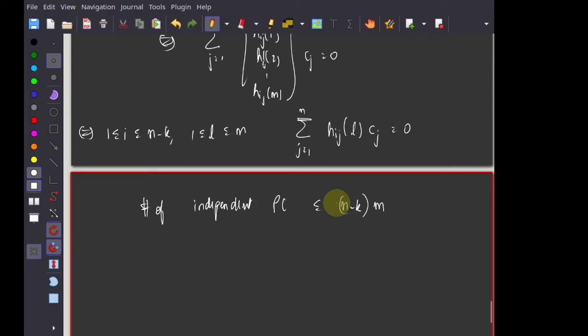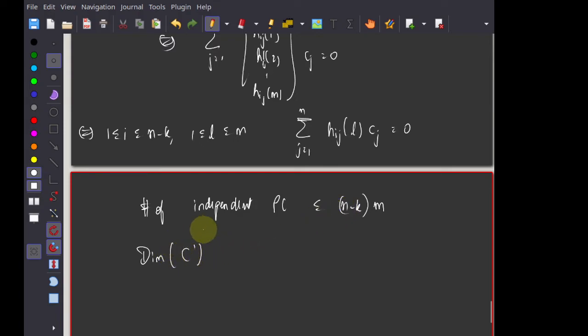Okay. Now what happens to the minimum distance? So before that, since this is the number of independent parity checks, what can you say about the dimension of C prime? Remember, k is the dimension of the original code C, right?